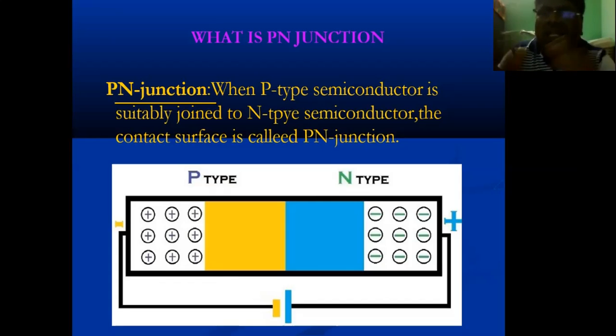My dear students, please remember what the PN junction is. Wherever you go, this is the basic fundamental definition of the PN junction. When a P-type semiconductor is suitably joined to an N-type semiconductor, the contact surface is called the PN junction.